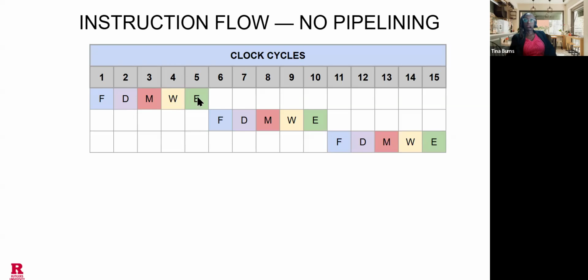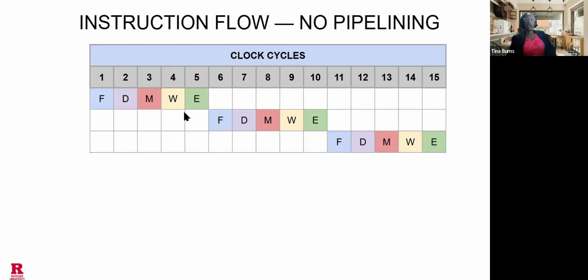It's going to take me 5 clock cycles. Once that's done, then I would fetch the second command. In order for me to do the second command, that's going to take another 5 clock cycles. Then I would fetch this third command, and that will take me another 5 clock cycles. So what happens with that is that now I am taking 15 clock cycles in order to perform this specific task.